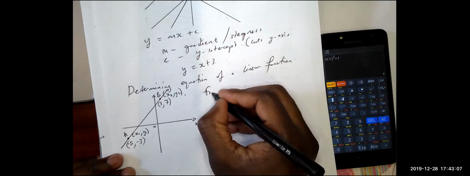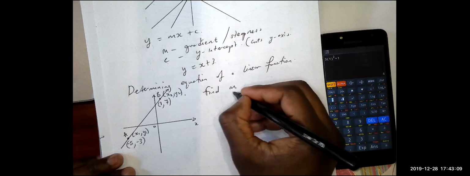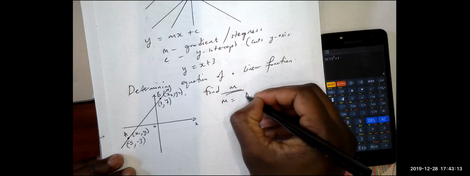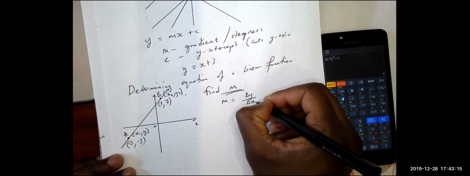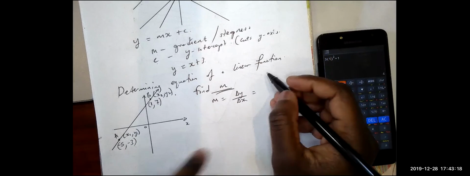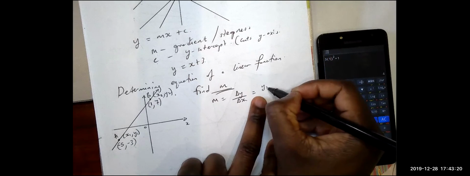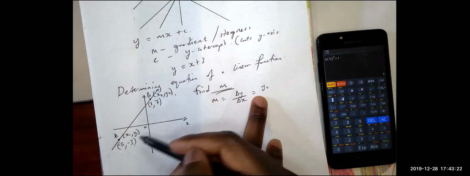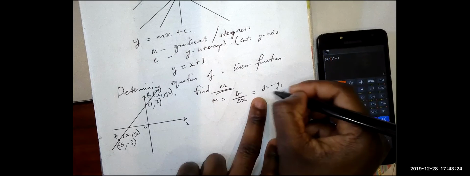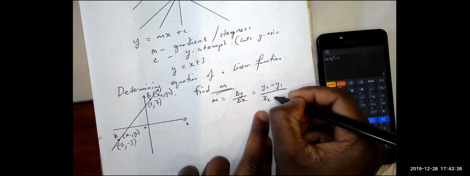First of all, you need to find the gradient, find m. So how do you get m? m is equal to change in y over change in x. That is, y2 minus y1 over x2 minus x1.